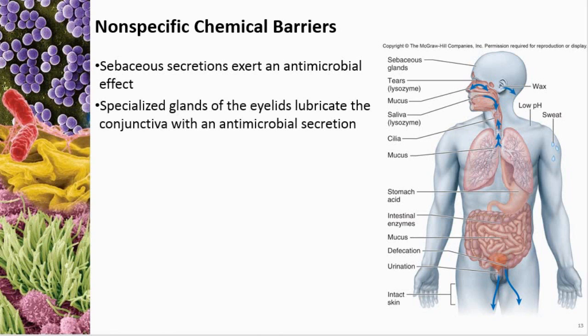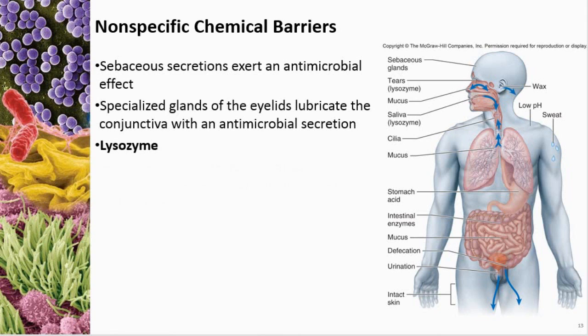So in your eyelids, there are glands. There are also tears. I'm not sure if they're including this or if it's coming up, but they also produce substances that make it difficult for the bacteria to colonize.